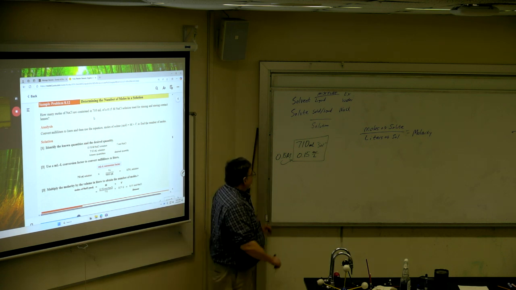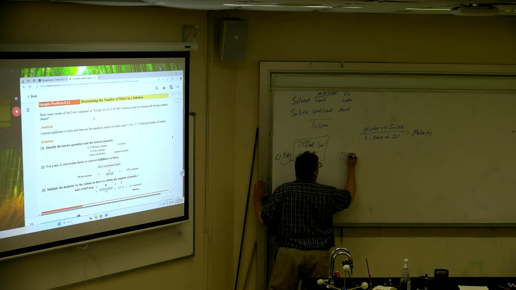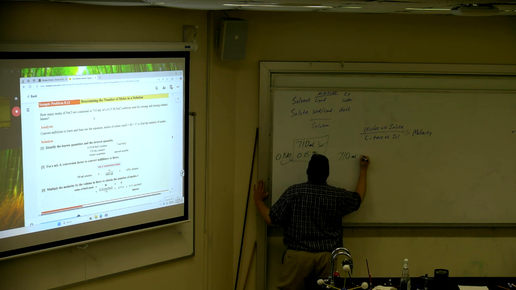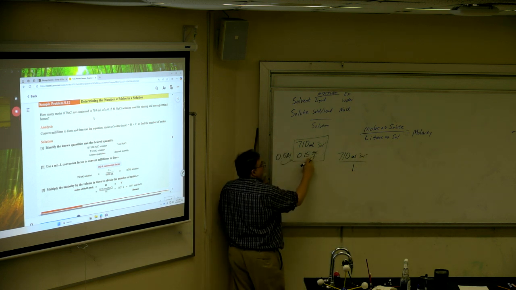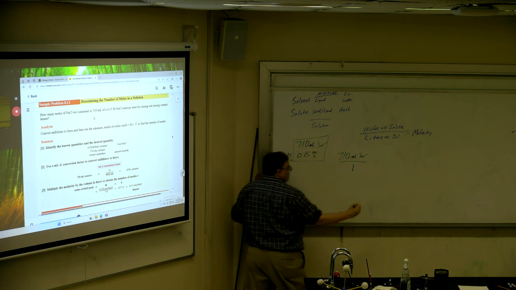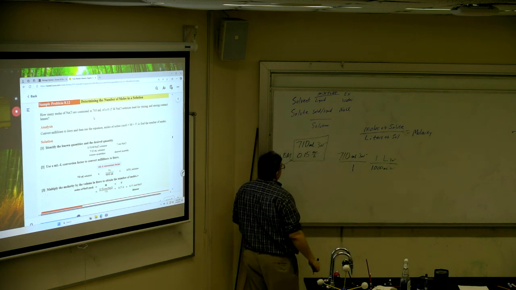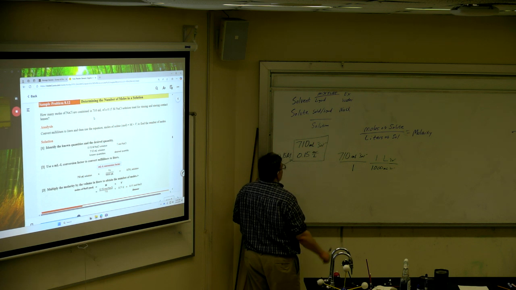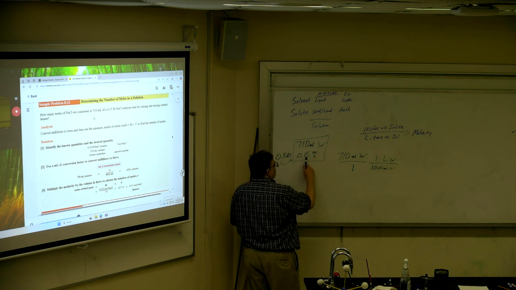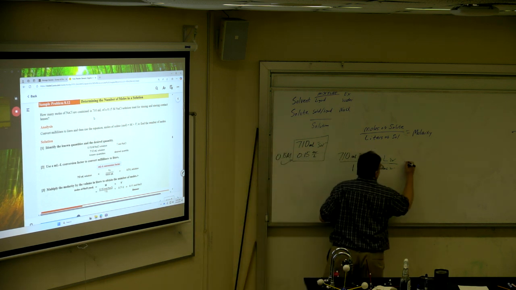Moles of NaCl. So now, this has liters and this has milliliters, so I've got to do the conversion. 1,000 milliliters of solution is 1 liter of solution. It's asking us for moles. Yeah, this is right. So now I'm going to use this 0.15 moles over 1 liter.